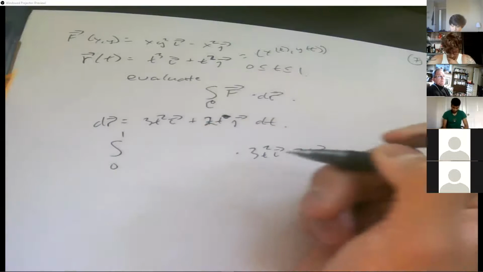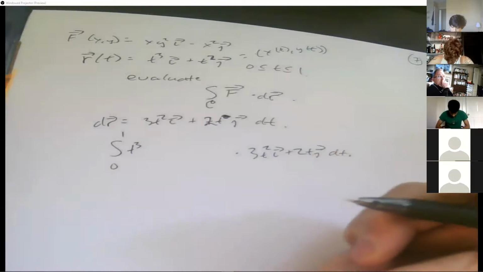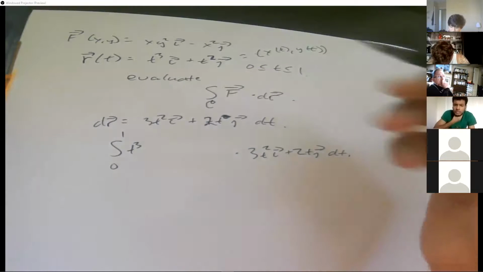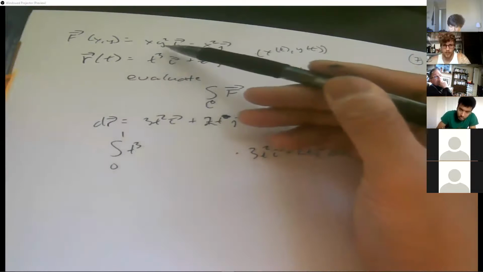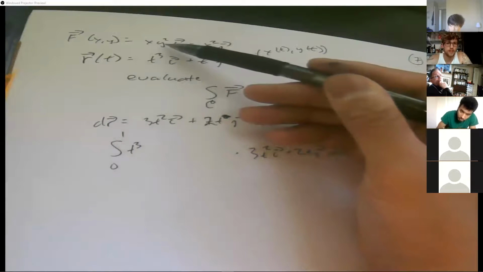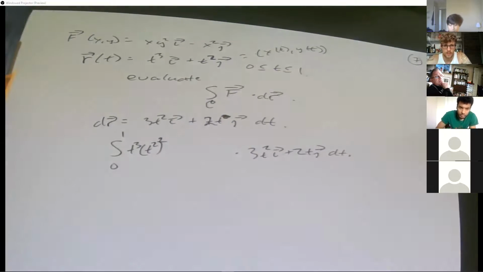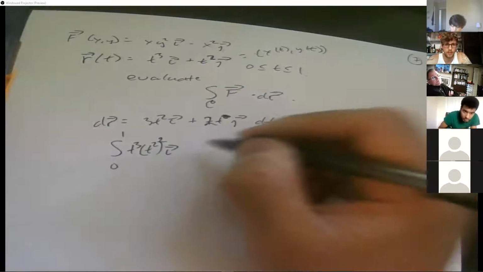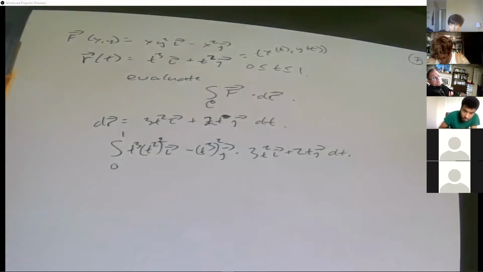So x of t is t cubed, and y of t is t squared. So this should say t cubed times t squared squared, i minus t cubed squared j, right?